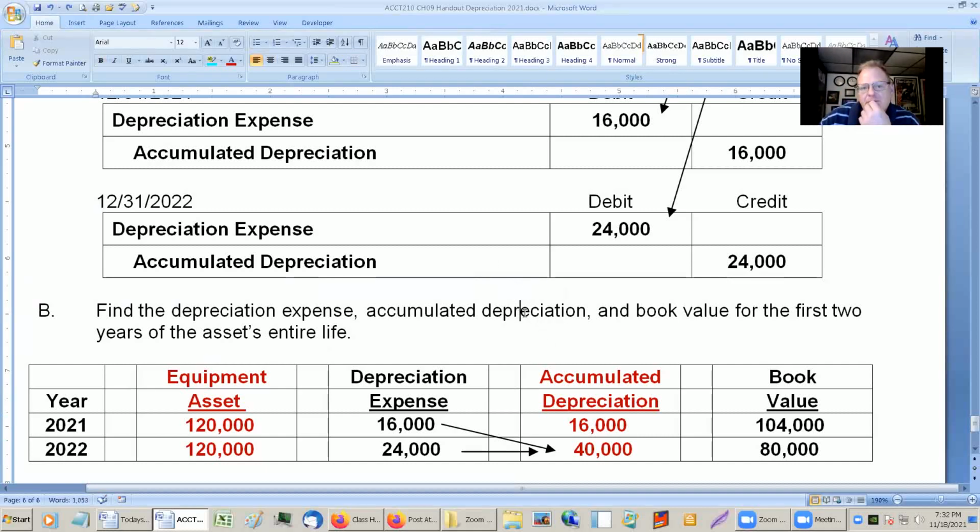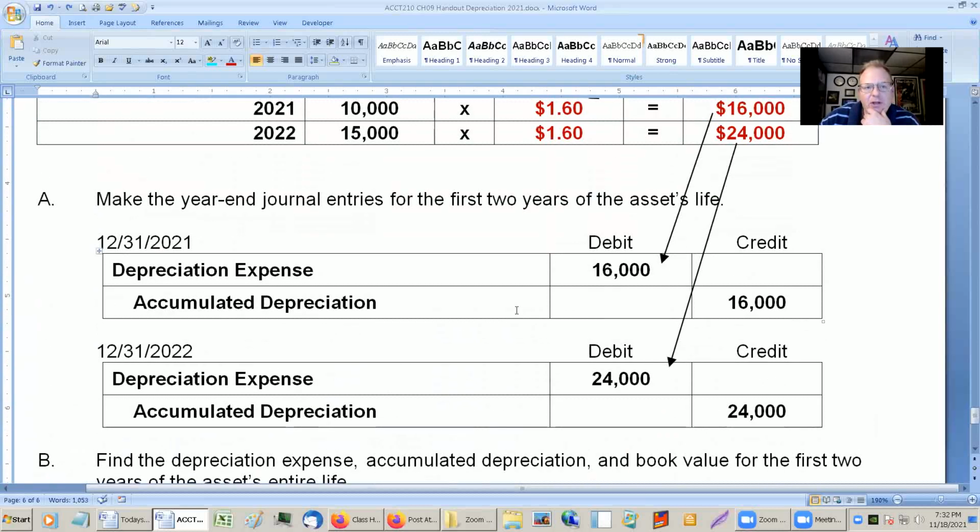Okay, so those are the two methods that we're going to use. There are other methods out there, but these are the two used most commonly. Straight line is used by many companies, if not most, and the production method, or activity method, is also used. There is a method for taxes.